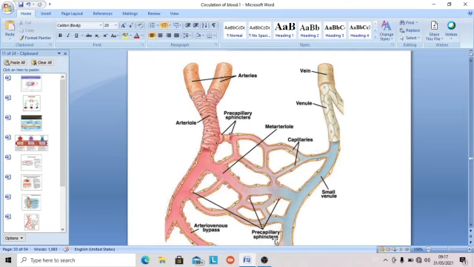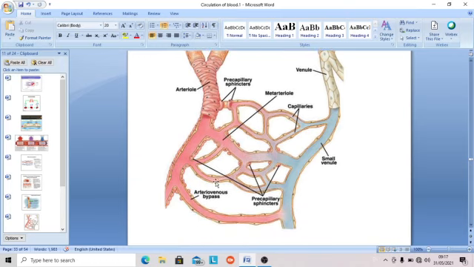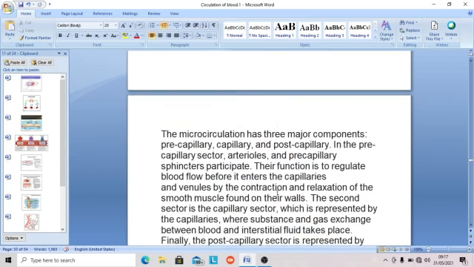Because capillaries don't have any smooth muscles, they cannot contract. These are the capillaries. They don't have any, but precapillary sphincters have myoepithelial cells plus some contractile elements. The microcirculation has three major components: precapillary, capillary, and postcapillary.